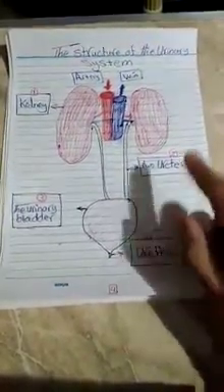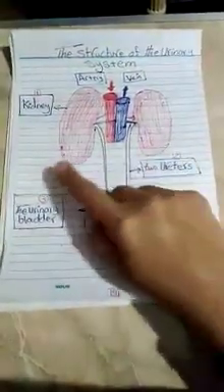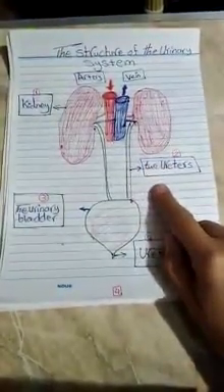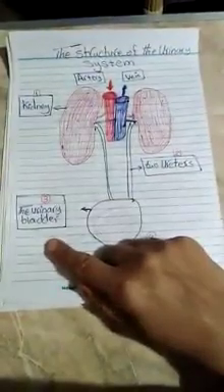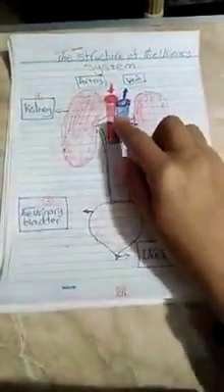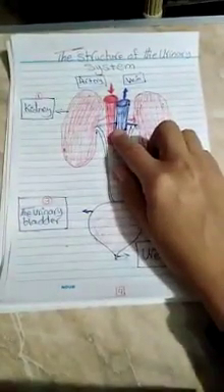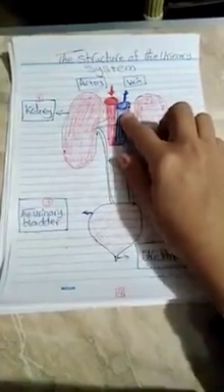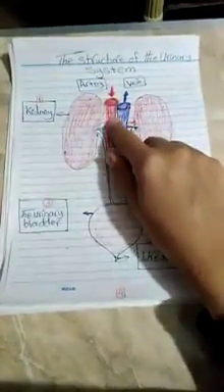Again, two kidneys, two ureters, the urinary bladder, urethra. And here are two blood vessels that carry blood in and out: a vein and an artery.